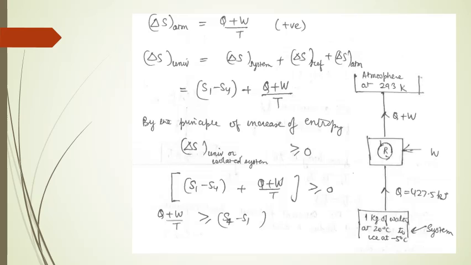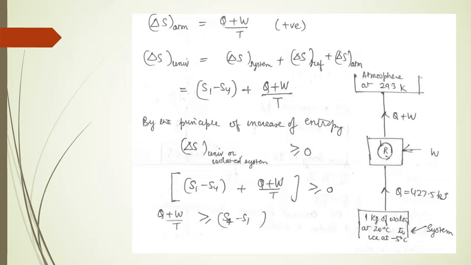And for this we will have to employ a refrigeration cycle, and we will have to do work on the system, which means input of work is there. So Q plus W will be the amount of heat rejected to the atmosphere, which is maintained at 293 Kelvin.